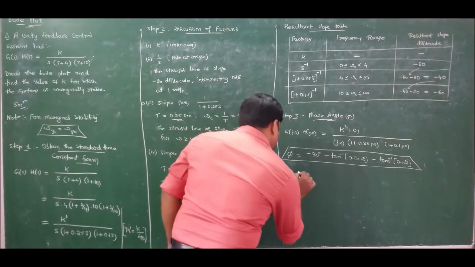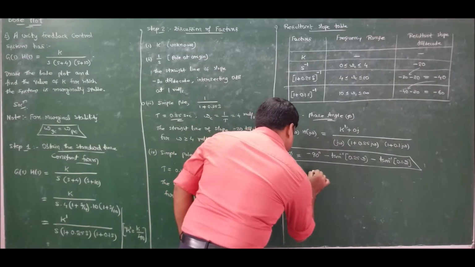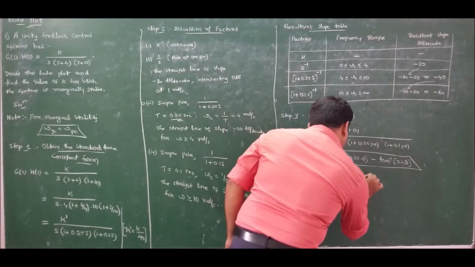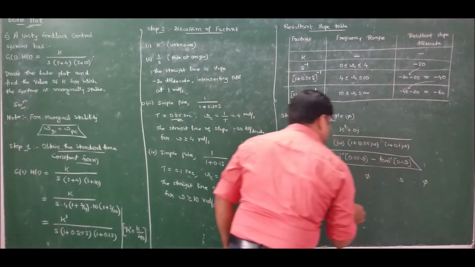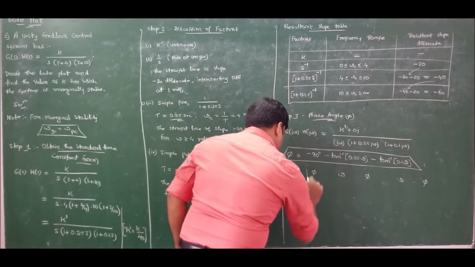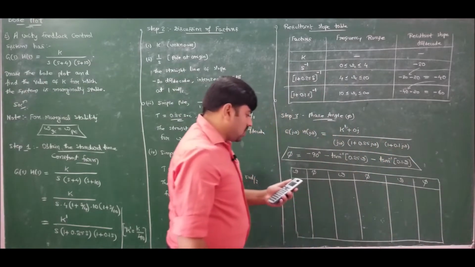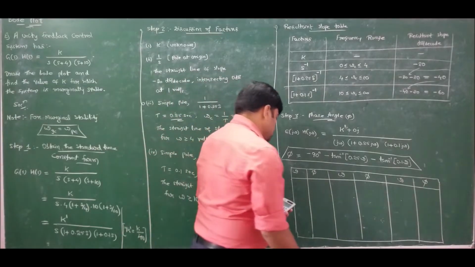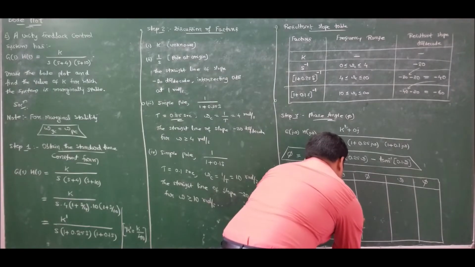So now I can build the phase angle table, that is values of omega and values of phi. I know the phase crossover frequency as 6.325 radians per second. Therefore I should have the values 6 and 7 because it is coming between 6 and 7.